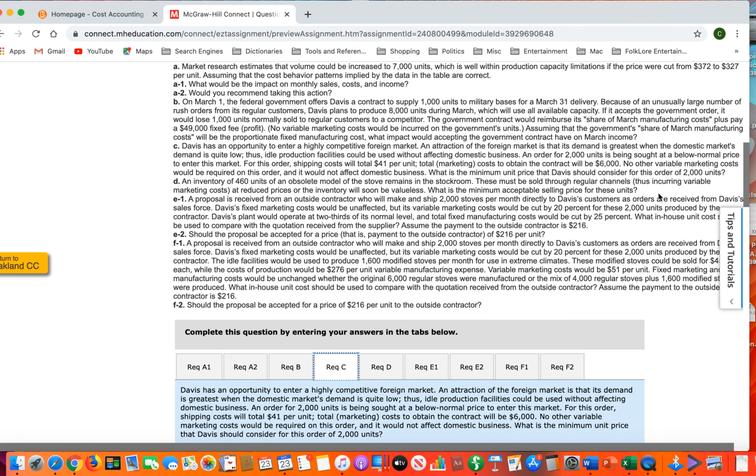What was the cost? Well, if you own that store and you have 460 units that are just simply obsolete, what cost would you consider in determining what price you will sell them for? Now, it says, what is the minimum acceptable selling price?